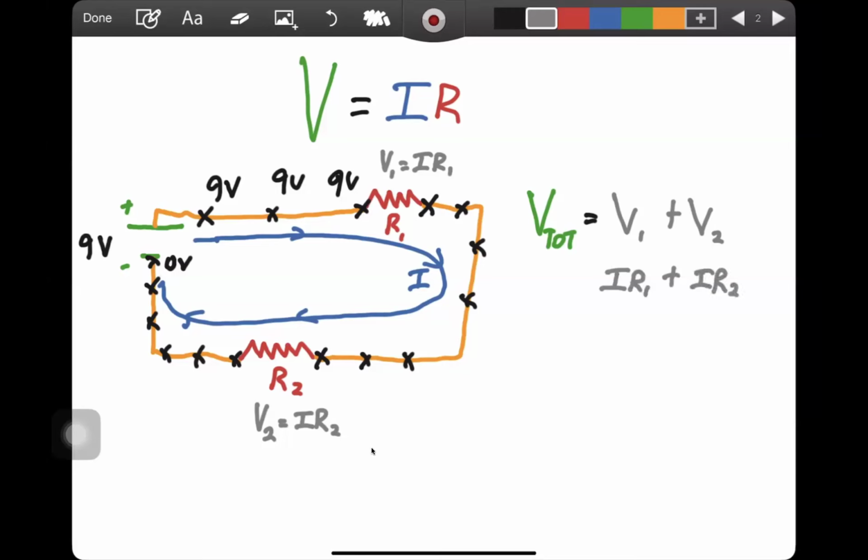And it turns out, you see that the current sees both of those terms. You could actually factor that out and say I times (R1 plus R2).